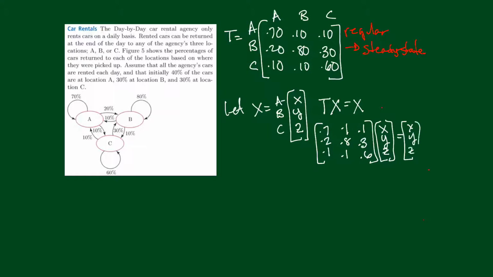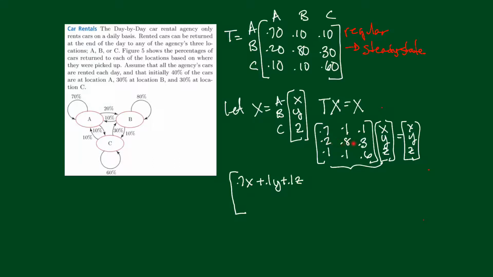And let's multiply these matrices together. And you know how this goes, right? We go over and down. So we'll get 0.7 times x plus 0.1 times y plus 0.1 times z. Okay, so here's our first row, over and down.